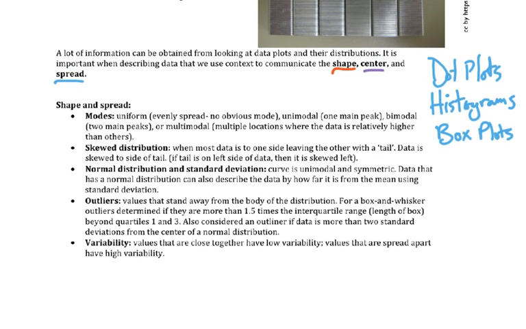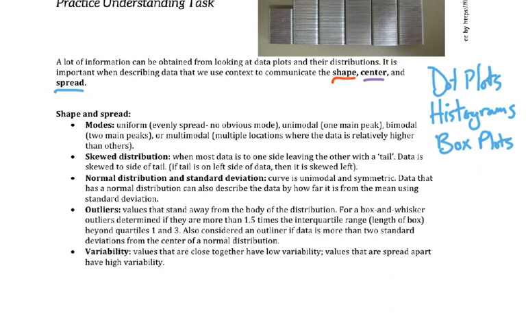So, when we talk about shape and spread, here's what we're talking about. The modes. Remember, mode is the one we see the most. So is it uniform? Uniform would be something like they're all the same size. There's basically no mode. If it's a histogram, they all go to the same height. Unimodal is when one of them is higher, and we have one mode.